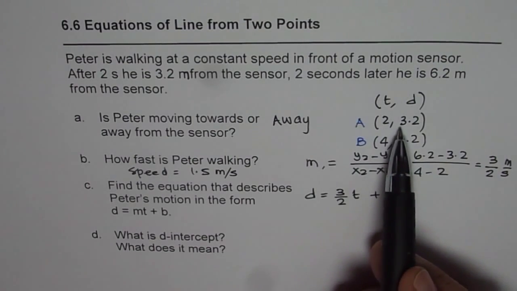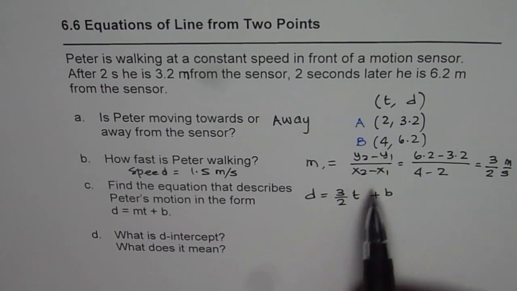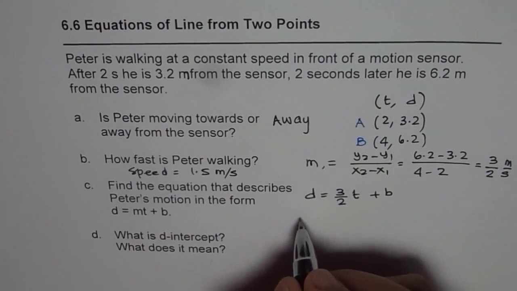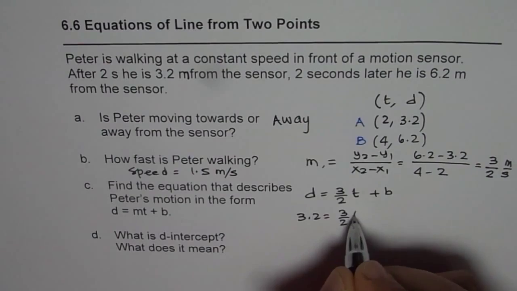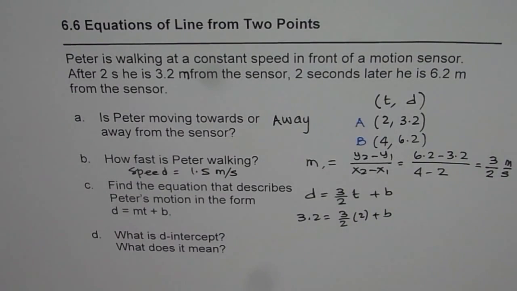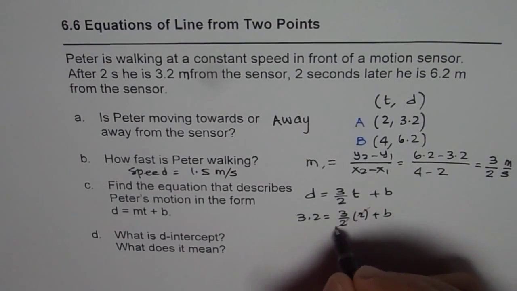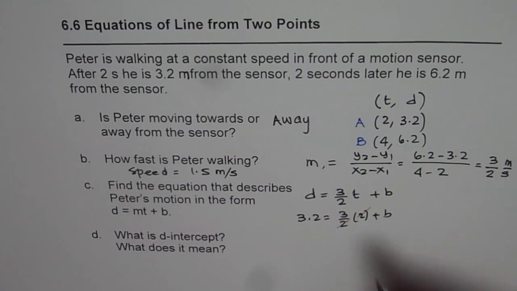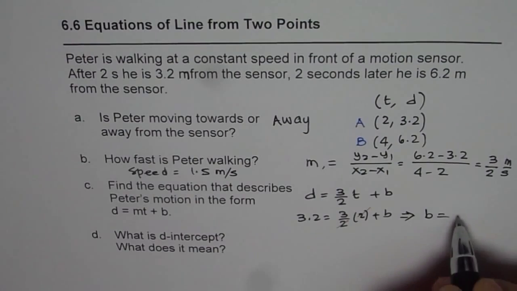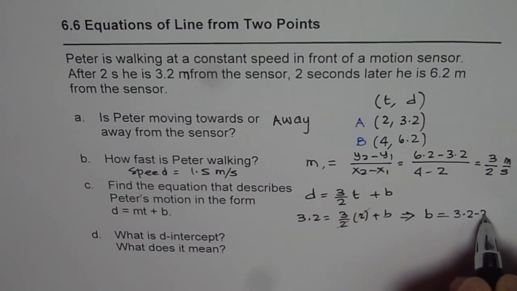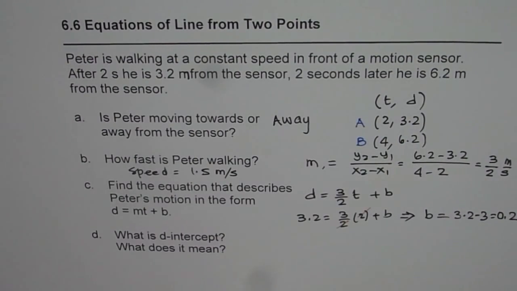Let's use 2, 3.2. 2 is the time and 3.2 is the distance. So replacing d with 3.2 and t with 2, what do we get? Now here you can see 2 and 2 get cancelled, so we are left with 3 here, and solving we get b equals 3.2 minus 3, which is 0.2, correct?